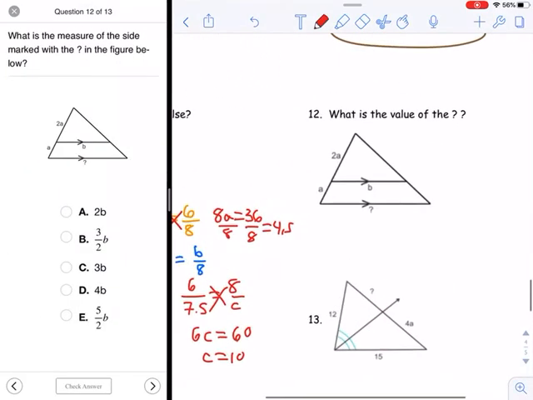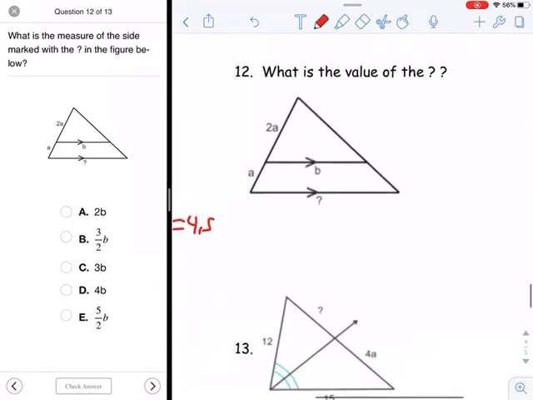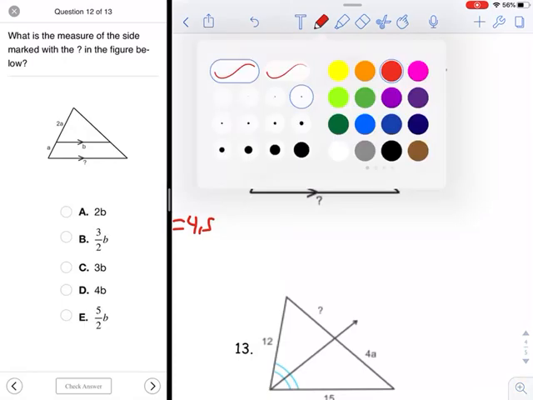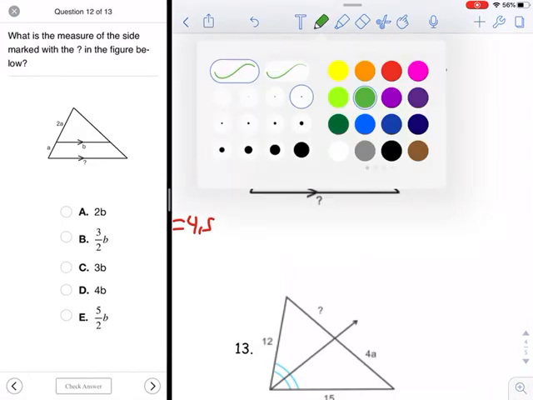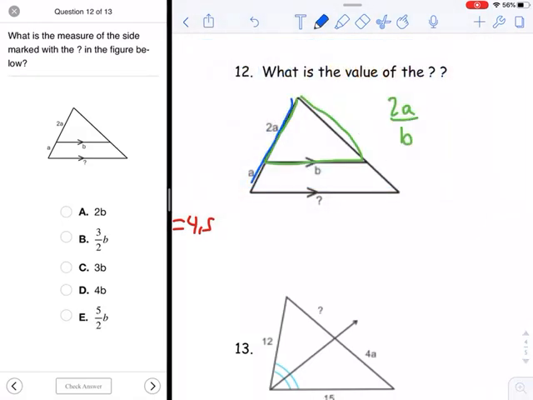Two more problems. What is the value of the question mark? Let's do it like this. Let's focus on the smaller triangle. The left-hand side of the smaller triangle is 2A. The base is B. Now if we focus on this bigger triangle, that left-hand side is 3A.